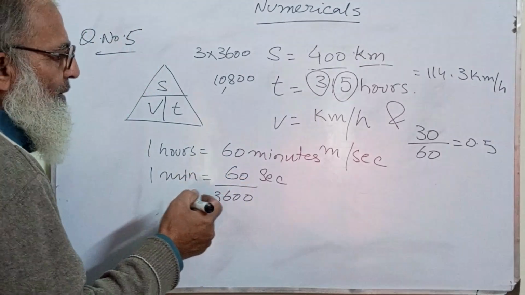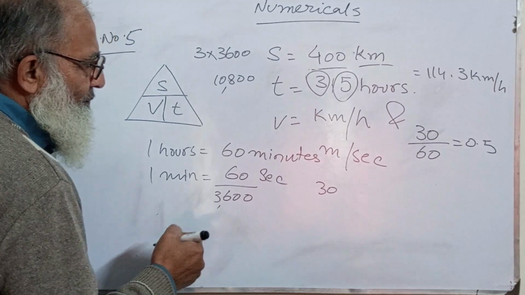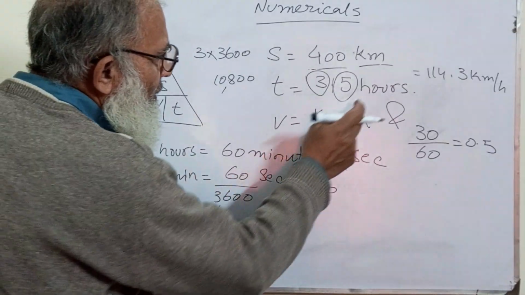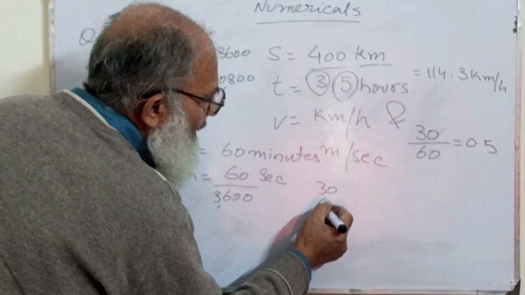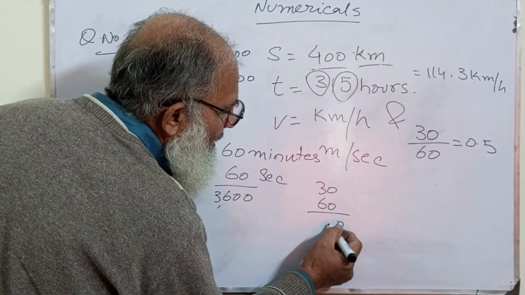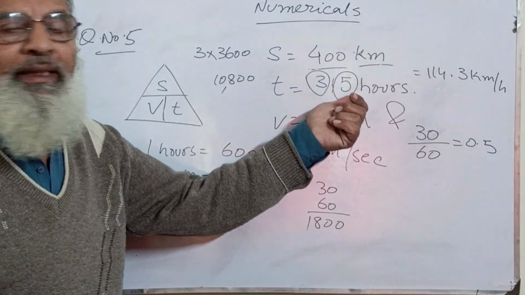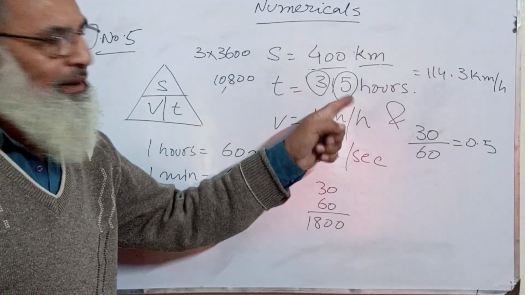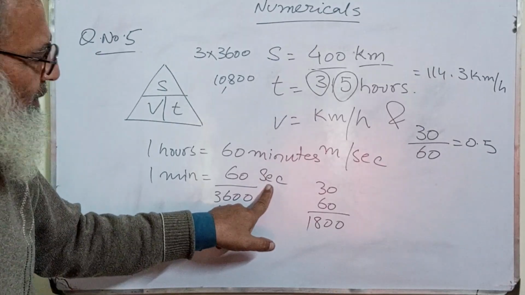Again, 30 minutes. We have to multiply 30 with 60 only, because these are already 30 minutes and we have to take them into seconds.